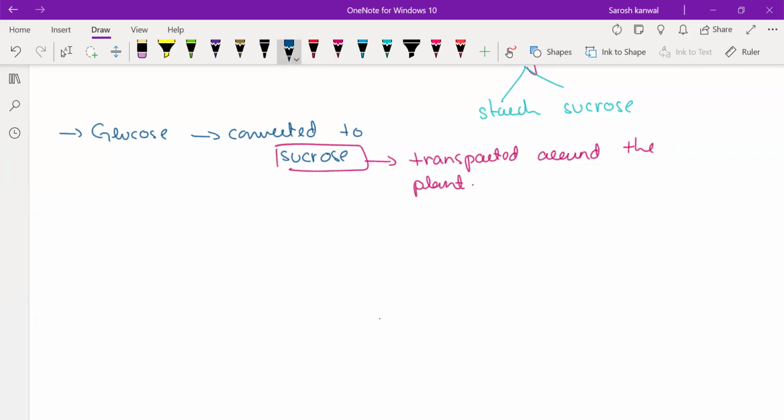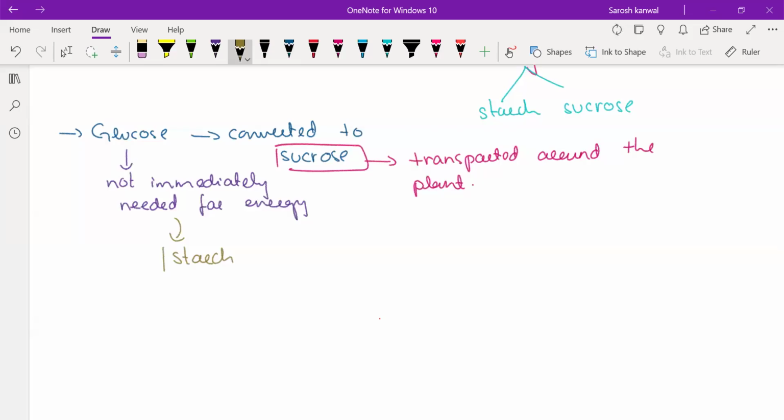Now, we know that if glucose is not immediately needed for energy, that means that we do not need an immediate source of energy. So that glucose is converted into starch. But why starch, why not glucose?